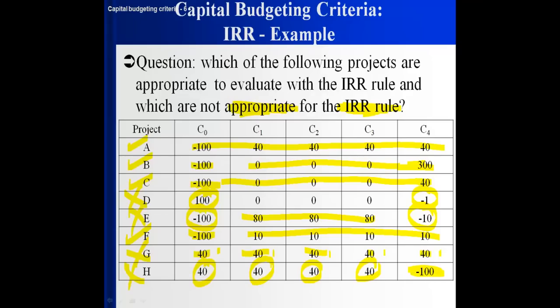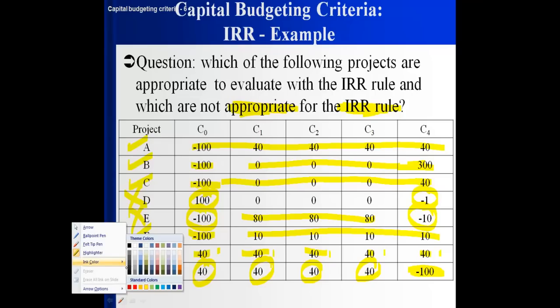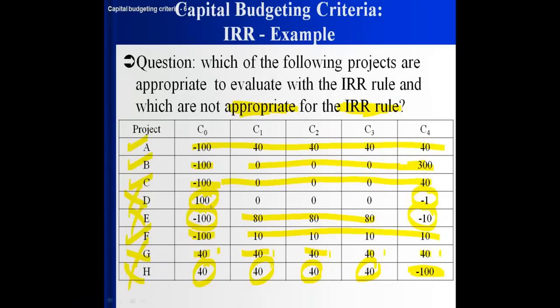Basically, anytime that you see a positive number at time 0, or you see a negative number after time 0, you know that you cannot use IRR to evaluate that project.